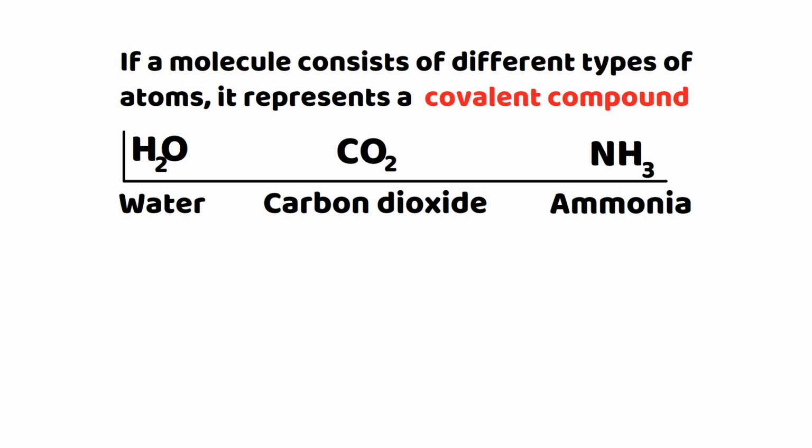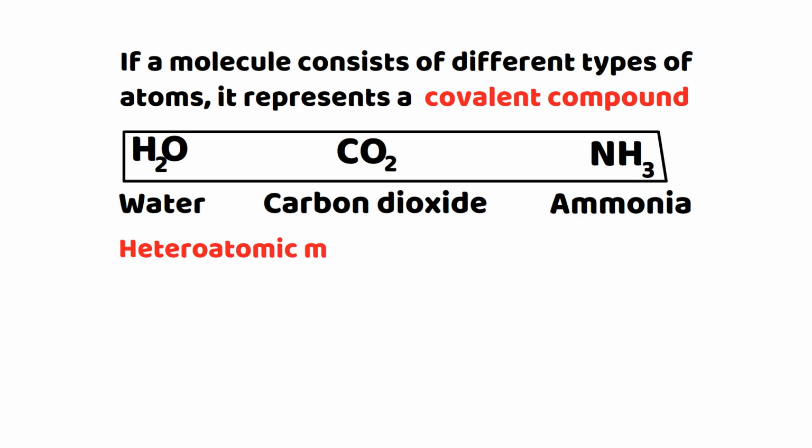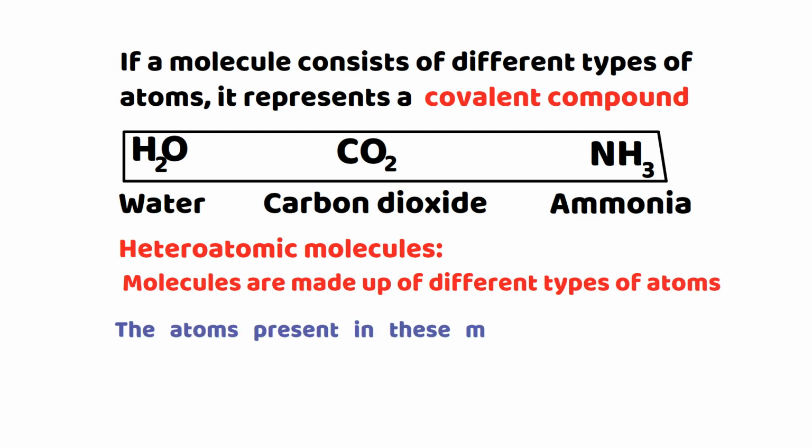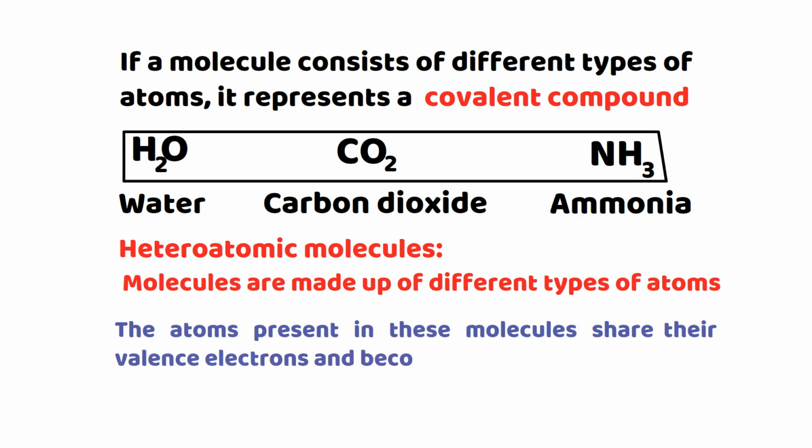Now, the 3 molecules I discussed over here, that is H2O, CO2 and NH3, are also called heteroatomic molecules, as these molecules are made up of different types of atoms. The atoms present in these molecules share their valence electrons and become stable in combined form.